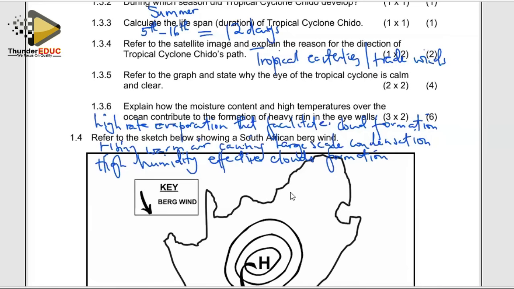And for the same reason, it's going to cause large-scale condensation and heavy clouds are going to form. And as a result, we are also going to experience heavy rainfall.